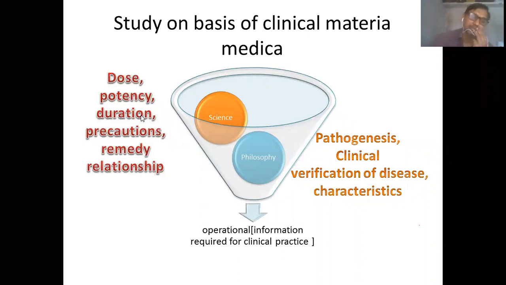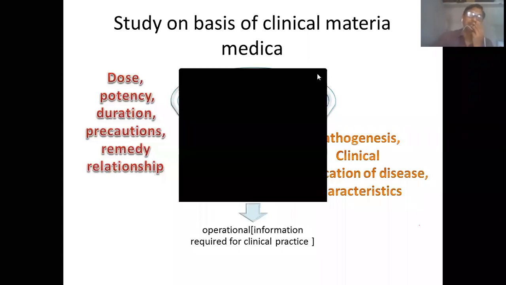So such durations are also mentioned, and then certain precautions of using the remedies are also given. For example, under medicines like Kali carb, it is very clearly mentioned in such clinical materia medica by Boericke that Kali carb should not be given in the stage of fever or in the stage of heat.